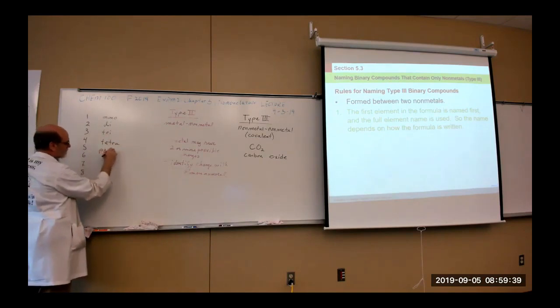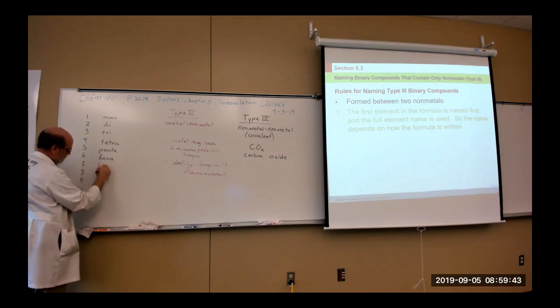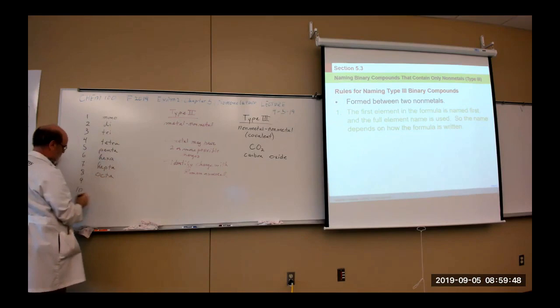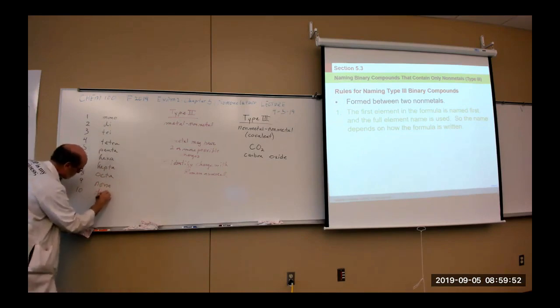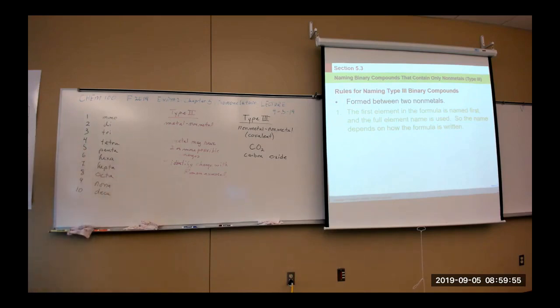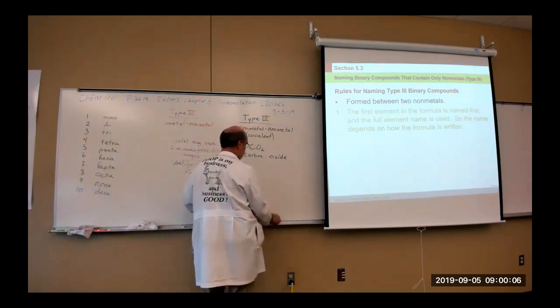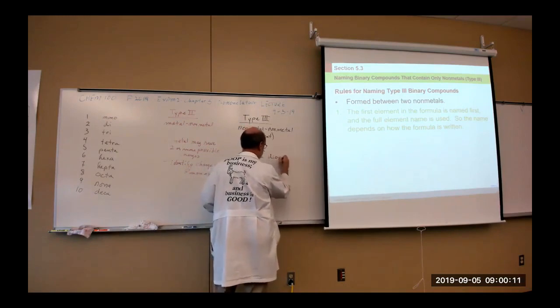This is penta. This is hexa. This is hepta. This is octa. This is nona. This is deca. So those are the Greek prefixes that mean, if it's in front of an element, that's how many there are. In this case, we've got 2, so we insert in front of oxide a di.